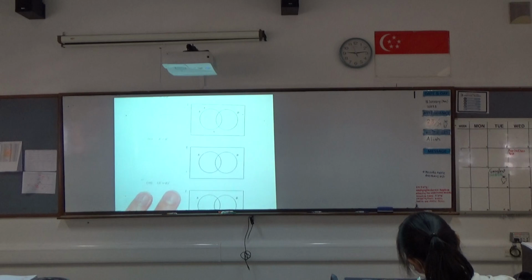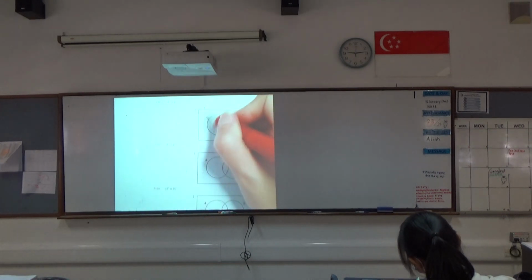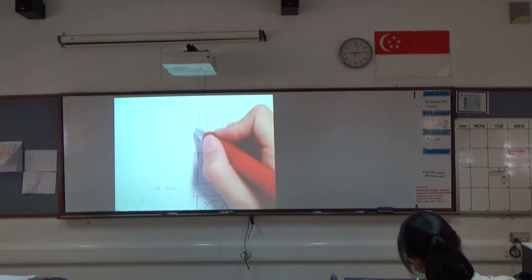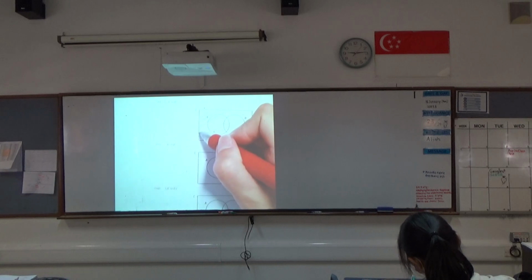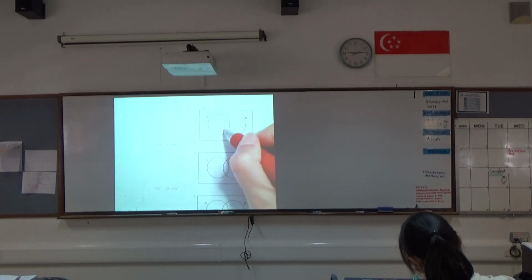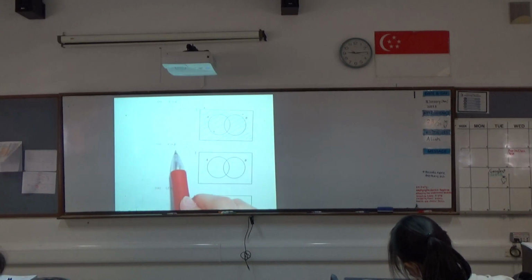Next, for part 5, we are looking at A prime union B prime. Therefore, it would have to look like your answer in part 4. And our A prime intersect B prime, we agreed earlier that it was actually the same as in part 3.